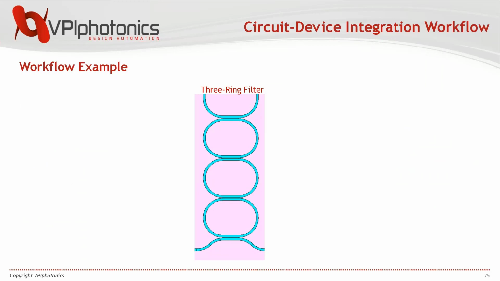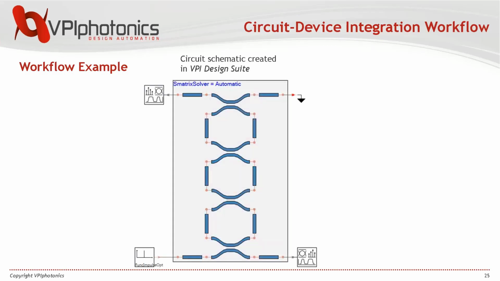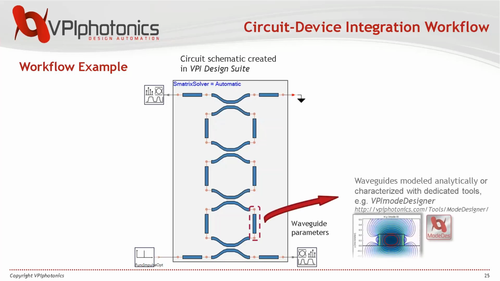So let's come back to our example of the 3-ring filter, which Frank started describing before. So in order to simulate this layout, we built up a circuit in a circuit simulator. And in this example, we are using built-in building blocks for the waveguides, which could be modeled rather accurately with analytical models, for example, based on coupled mode theory. And these waveguides have certain parameters which could be derived from mode solvers, particularly our mode solver called VPI Mode Designer.